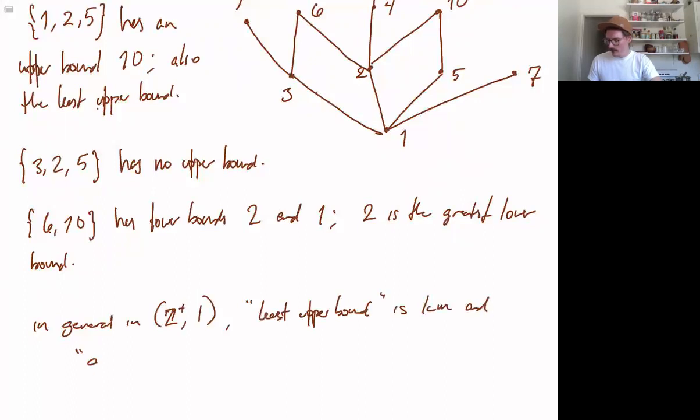And the greatest lower bound is the greatest common divisor of some numbers. So in this partially ordered set, every subset, maybe I should say every finite subset, has a least upper bound and a greatest lower bound. But in a general partially ordered set, it is certainly possible to have a subset which has an upper bound but no least upper bound. And that's a good exercise to go and try and find an example for yourself.